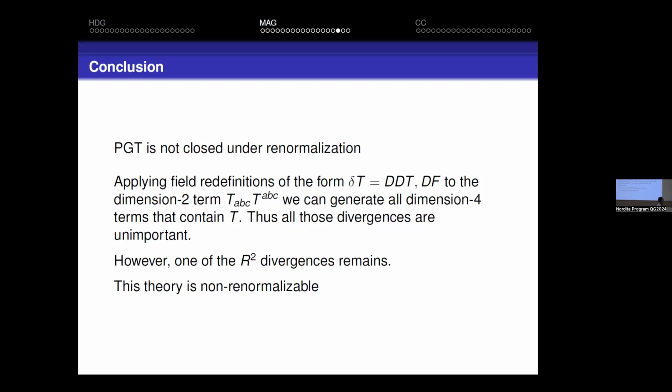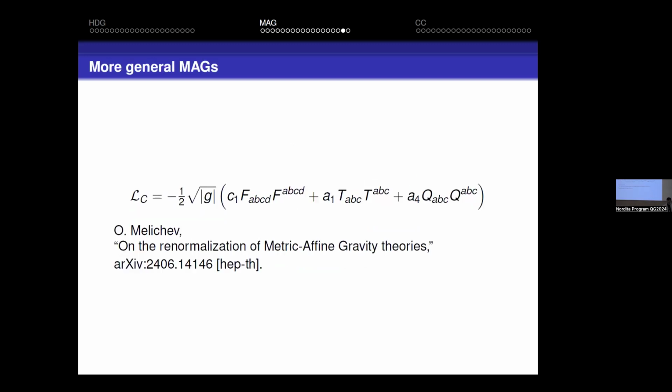However, the field equation here is not that R is equal to 0, and so there is one of the R squared terms that survives, and that makes the theory non-renormalizable. This particular one that I looked at. Okay, so there's a whole world there of theories that one could explore that is very little known.